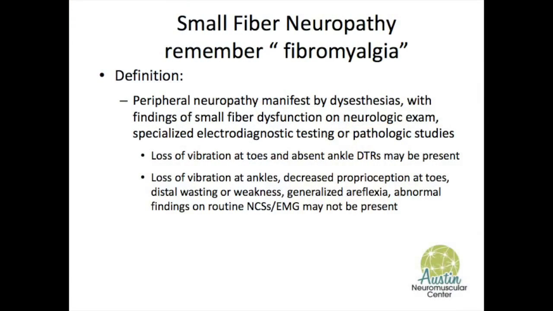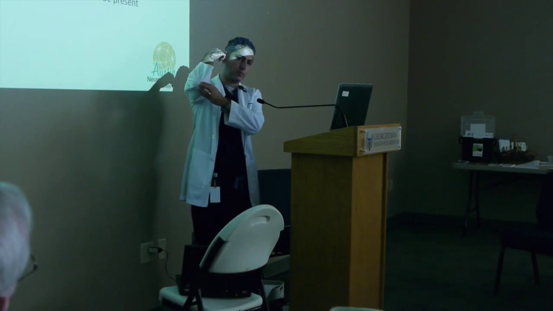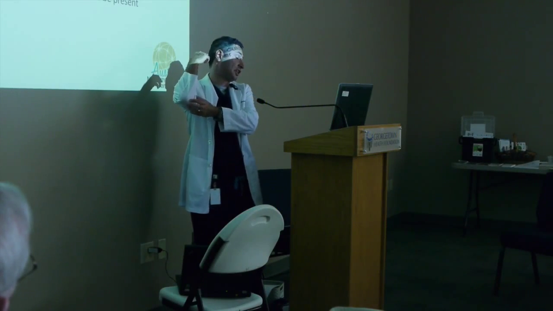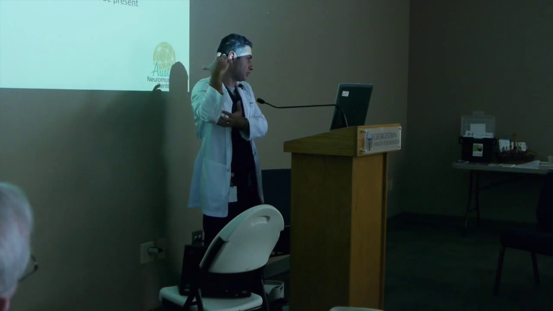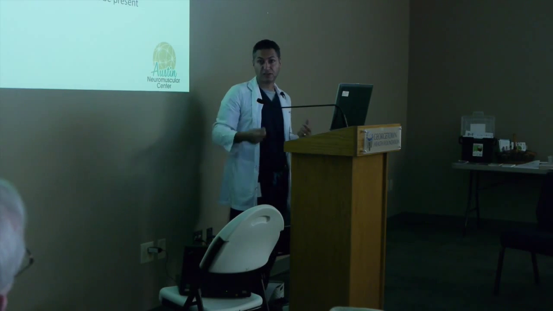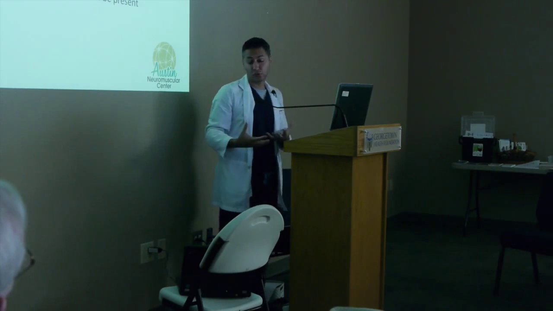So, small fiber neuropathy. What is the small fiber? It's small fibers. The other nerves you can feel. You can touch here, the elbow, the funny bone, you can feel an actual nerve rolling under your finger. That's the large nerve, and that's what we test when we do the nerve study.